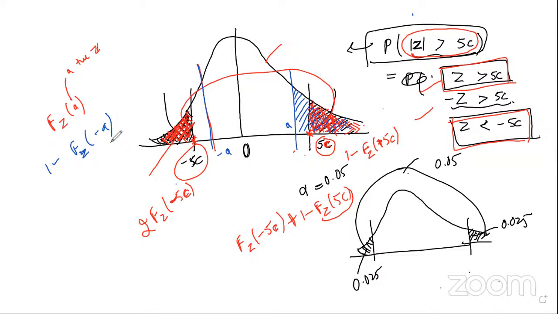Or left hand side. Wait. F of a is, let's write F of minus a.